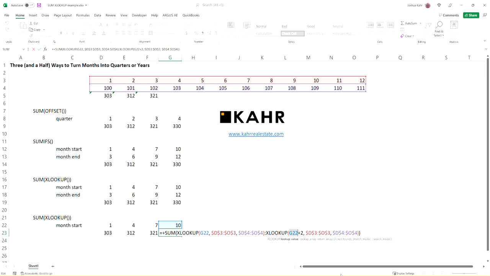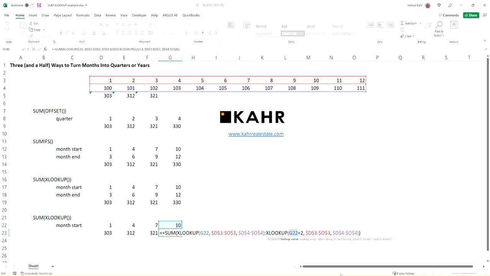Basically, since you're just taking what's in G22, and that's the number 10, and 2 cells over is going to be 12, you could just say go to G22 and just add 2 to it. And I like this. I think this is tight. I think this is compact. It's an XLOOKUP function, which is the latest and greatest way of doing these sorts of things.